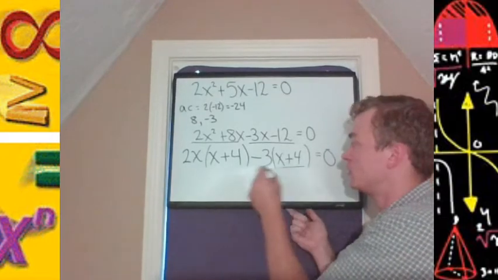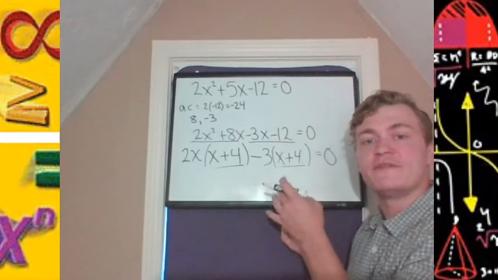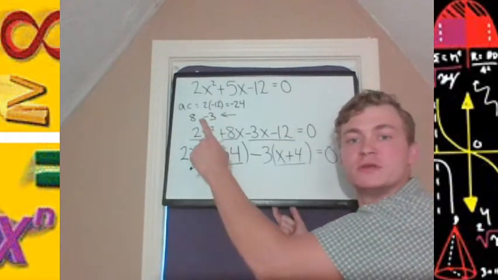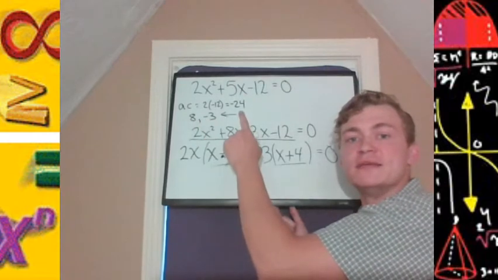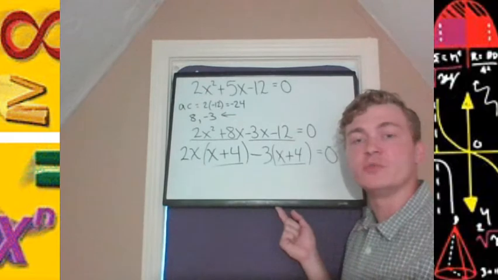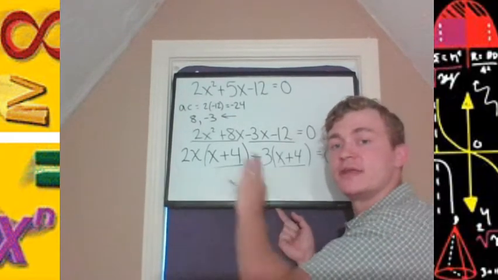Note, these binomials are exactly the same. For the AC method of factoring, if you can find those two integers that will multiply to give you AC and add to give you B, you are guaranteed to be able to factor the trinomial. The x plus 4 common binomial factor is factored out front.